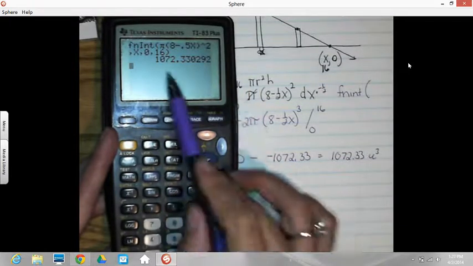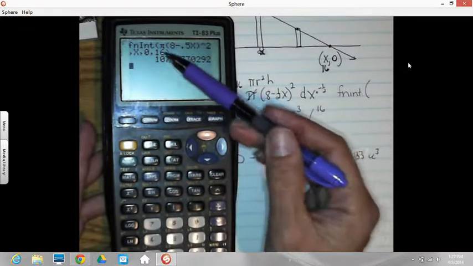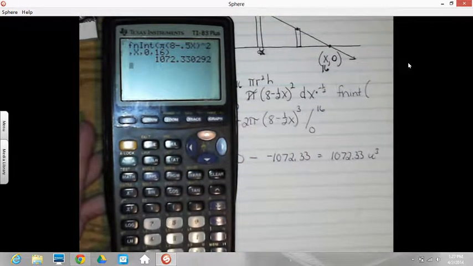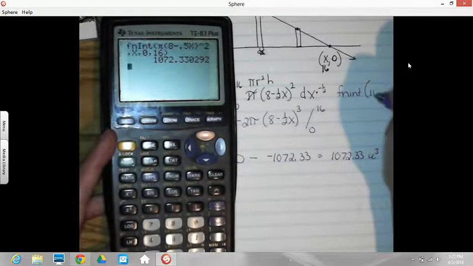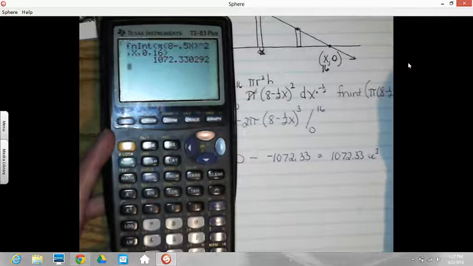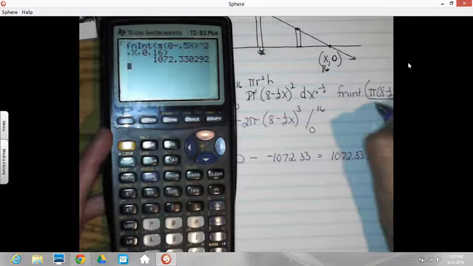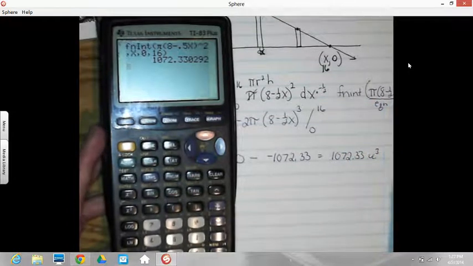And I get the exact same answer. I think part B asked you to check with function integrate to check your answer anyway. But I put in the pi, 8 minus 1/2 x quantity squared, comma x, comma 0, comma 16. So it's your equation here, always an x, and then the boundaries.